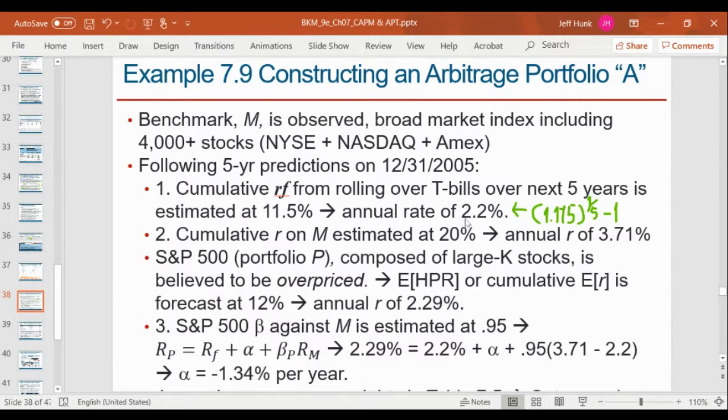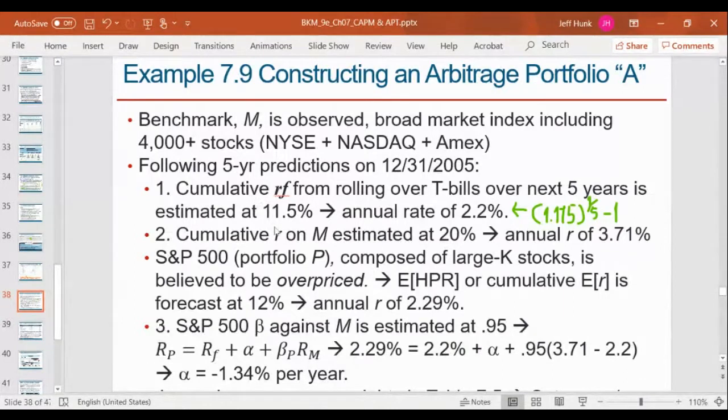That's the geometric average, right? Because this 11.5, as I said, is based on the 1-year T-bill rate, simply, and they use that assumption of rolling over 5 years.